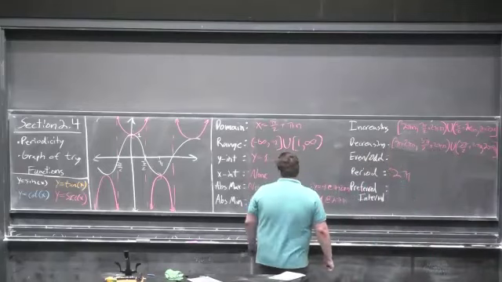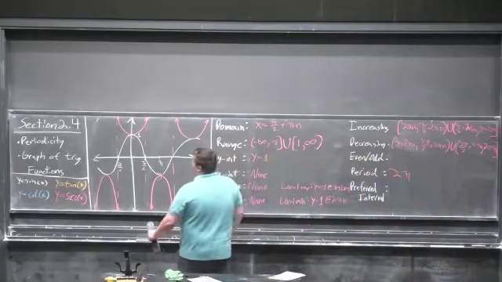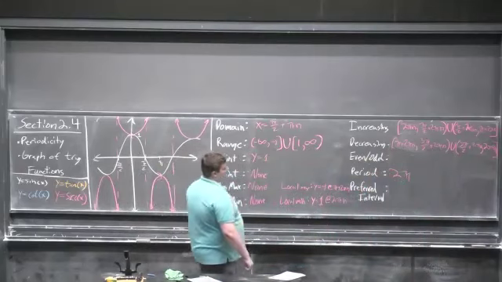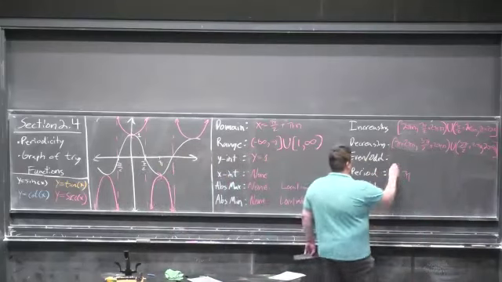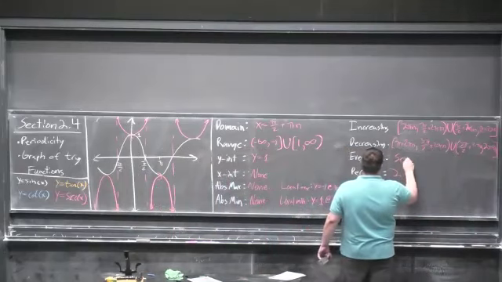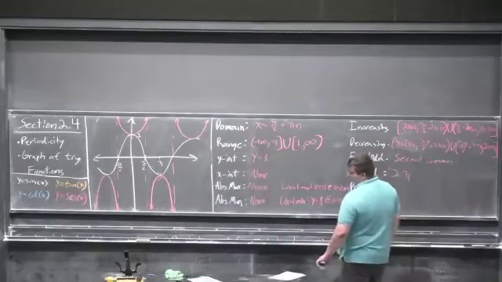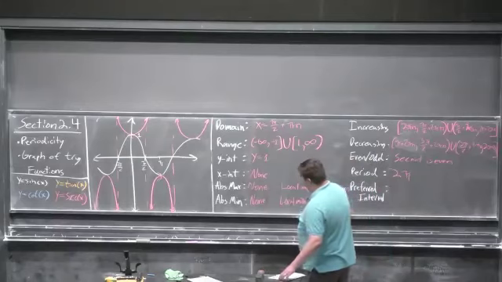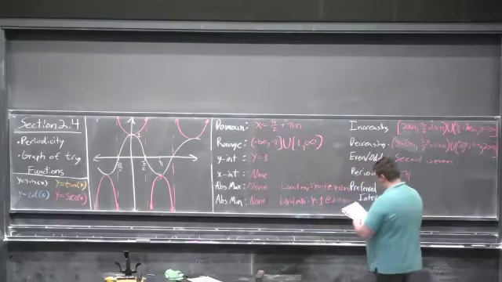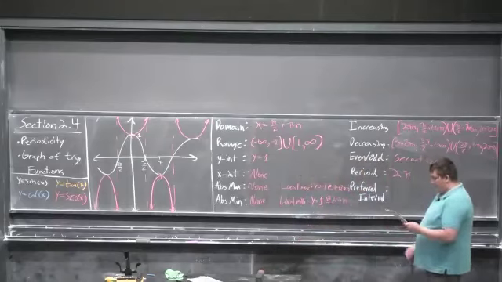Okay, is it even or odd? Is it mirrored about the y-axis? Yes, it is. Secant is even. Preferred interval, we have to include everything.